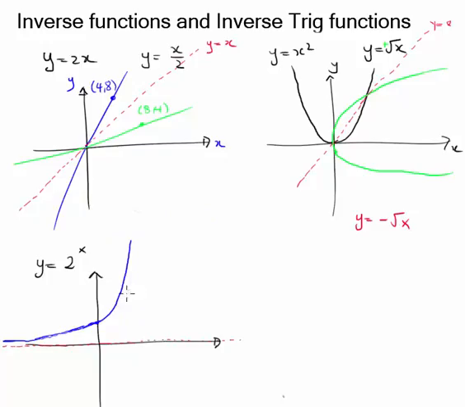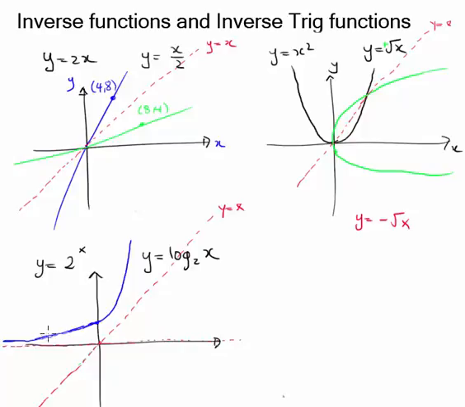All right, so what does the inverse function of y equals 2 to the x look like? The equation for the inverse function is log base 2 of x. The graph of this one is simply the mirror image of this blue curve with respect to this main diagonal, which is y equals x again.